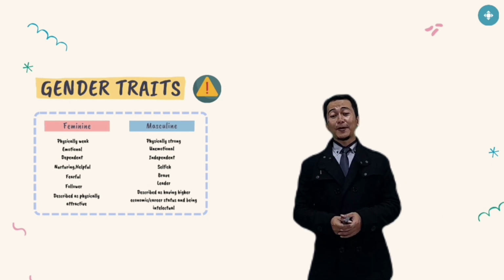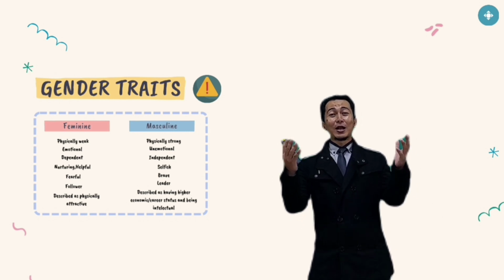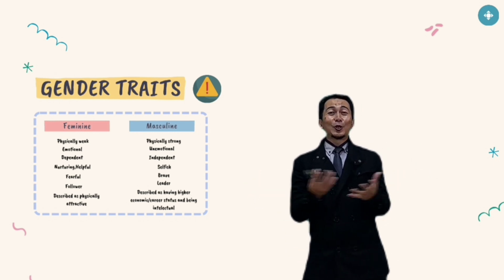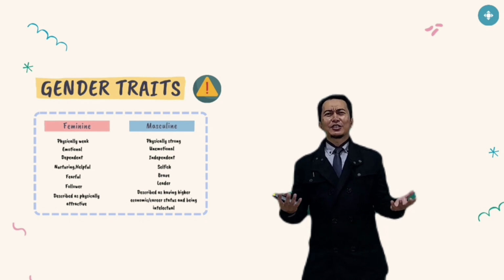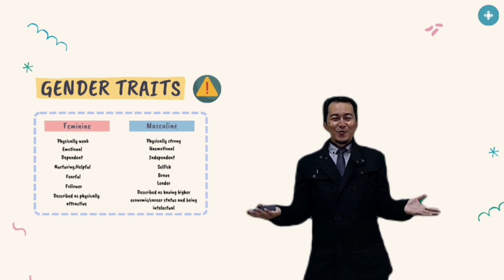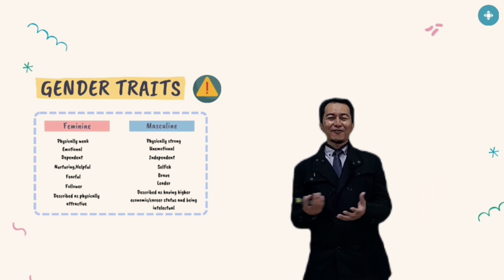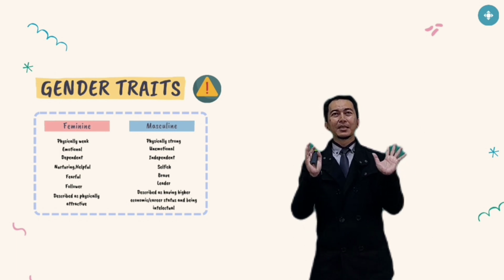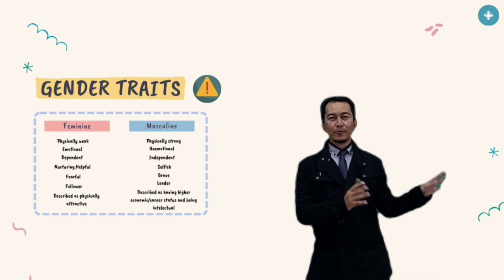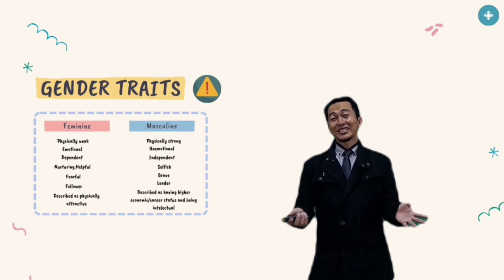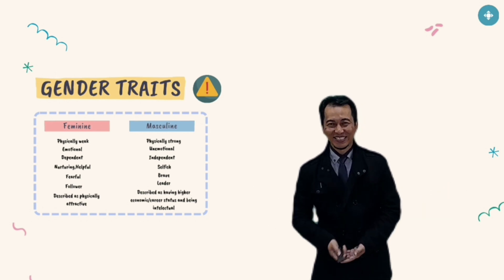Okay, selfish. I don't know, if you are a man and woman couple, then you have problems: you are selfish. Who is selfish, man or woman? I think both woman and man have their selfishness. But this is the stereotype that feminine or a woman would be helpful and man would be selfish. You can say that man is selfish.